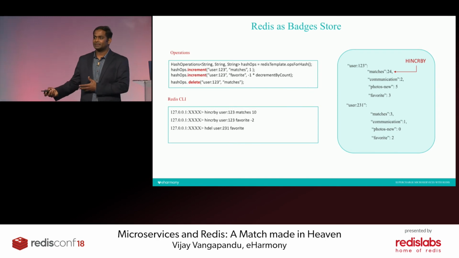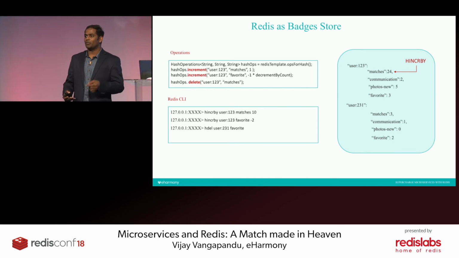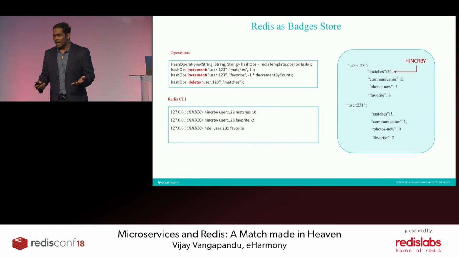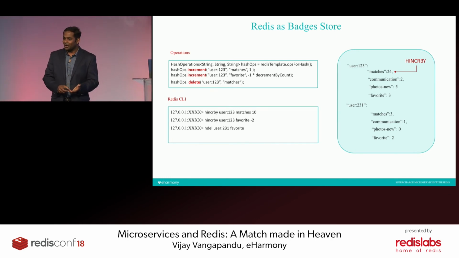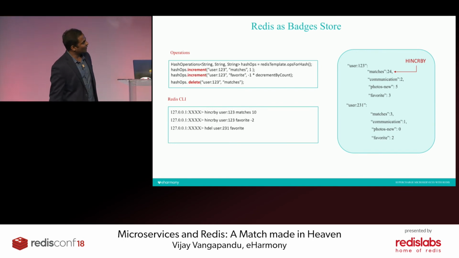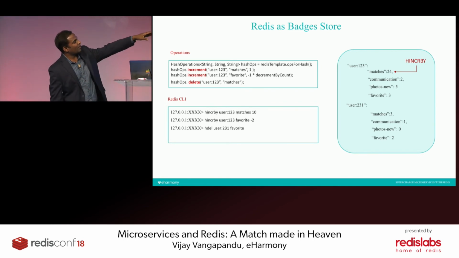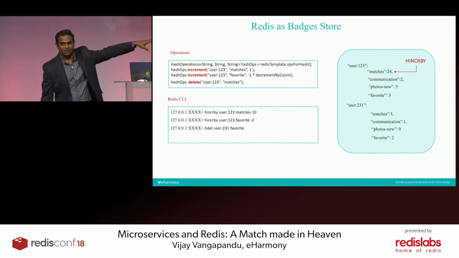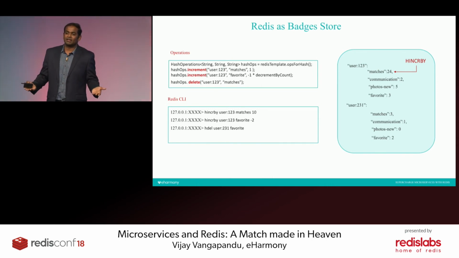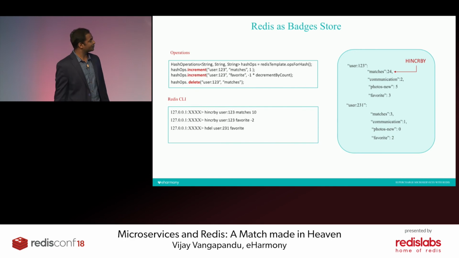So even in hashes, you can use atomic operations. That is the beauty of Redis. I like data structures. I like atomic operations. It's single threaded, and you can leverage that. So you can say HINCRBY with the primary key and the hash key, and it just increments. If you want to decrement, you just negate the value, and it will decrement automatically.